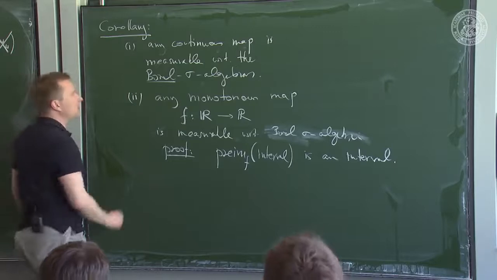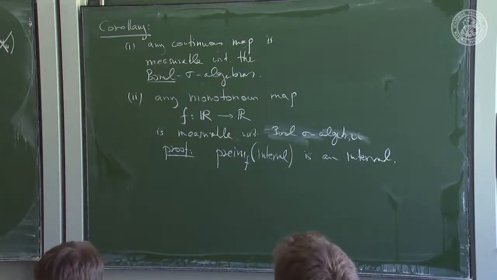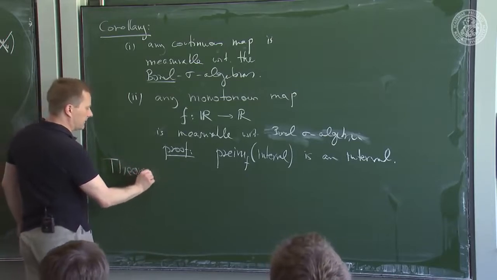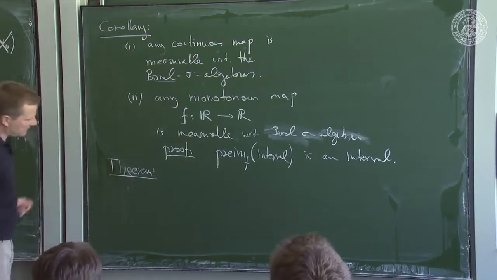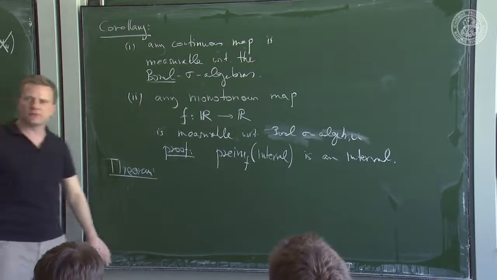And so there are many more. So by no means are the continuous and the monotonous functions the only measurable functions, but there are two immediate examples. Okay, very important, and again, zero surprise to you if you remember the theorem on the composition of continuous maps, for precisely the same reasons.